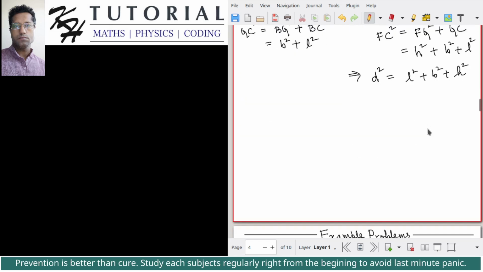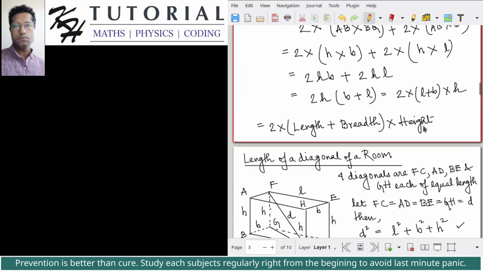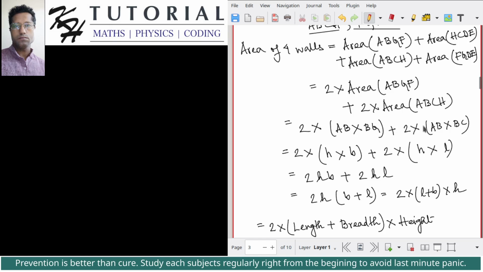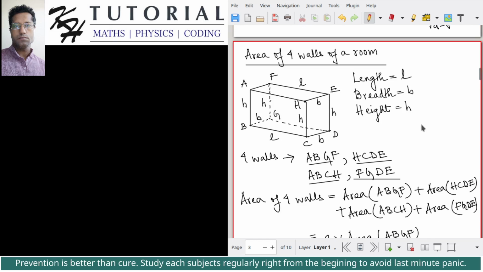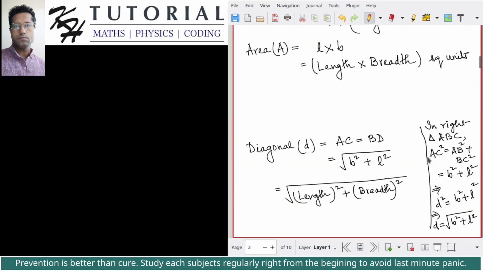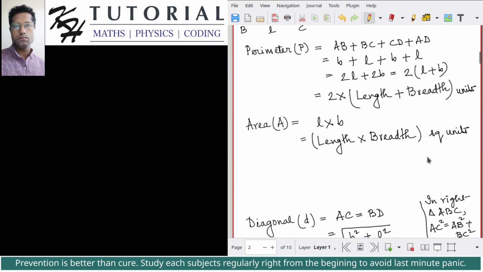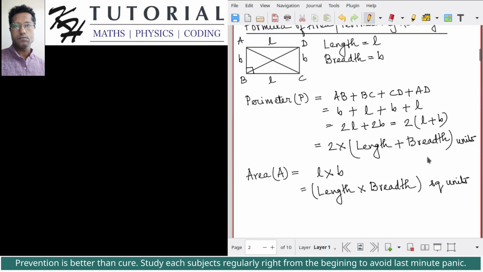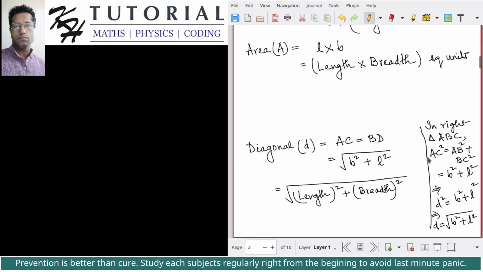Okay. So these are all the concepts about the area, perimeter and diagonal of a square and rectangle, and how to find the area of four walls of a room and the diagonal of a room. Also, one little thing: we know that for a rectangle, the diagonal is given by square root of B square plus L square, where B is the breadth of the rectangle and L is the length of the rectangle.